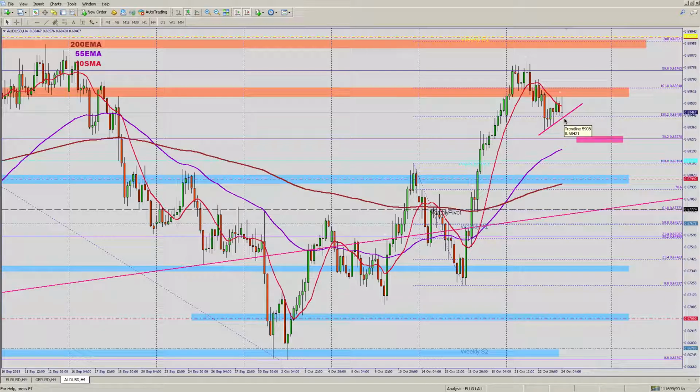If it is, then it will target the 0.6830 area near this fib, as well as the 55 period EMA that's coming up at 0.6820.